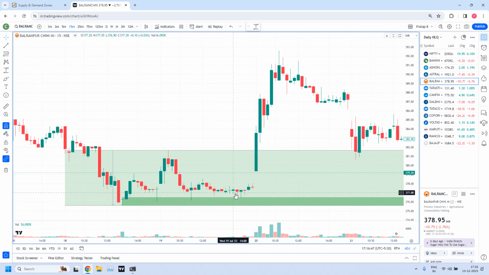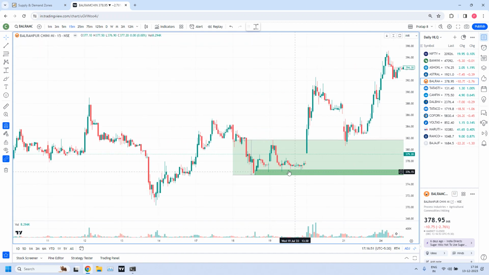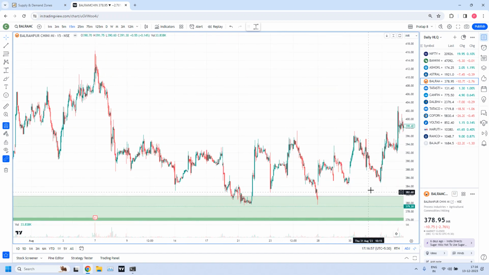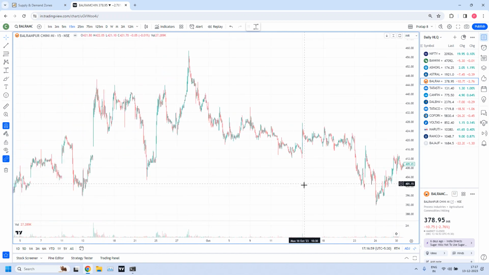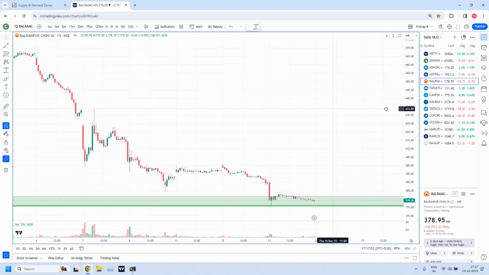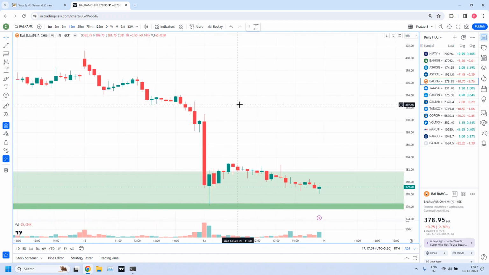After that, see how much the prices moved up. Such a strong price action. Same thing today also. See the rejection today from this zone.